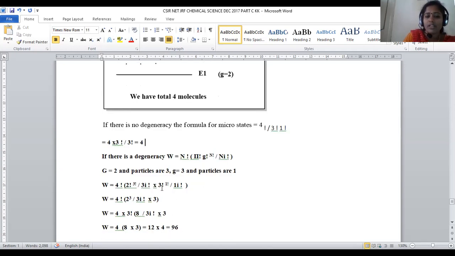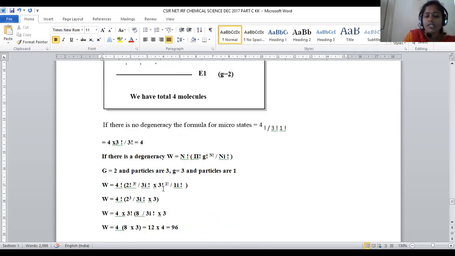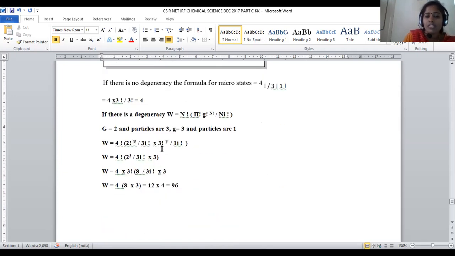For the second energy level, the degeneracy value will be 3. Hence we take 3 to the power 1, divided by 1 factorial, since 1 molecule has participated. So the formula will be 4 factorial into 2 to the power 3, divided by 3 factorial, into 3 to the power 1, divided by 1 factorial.